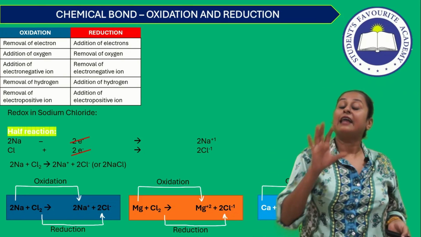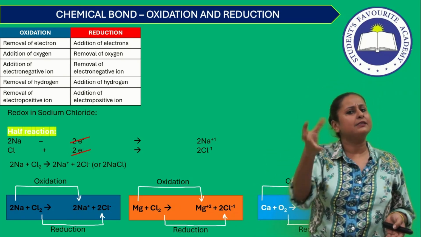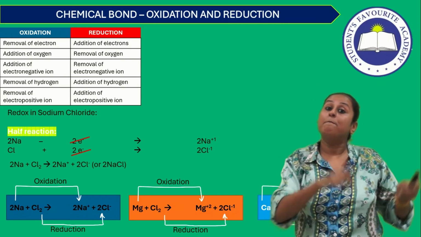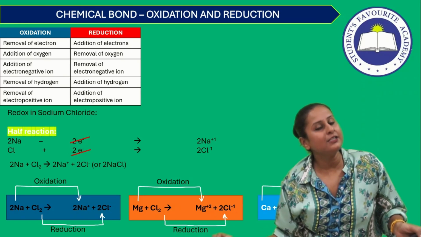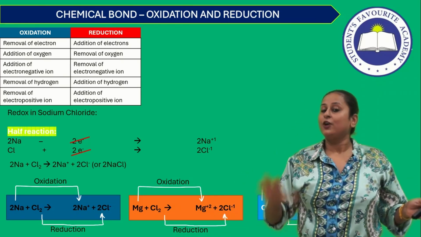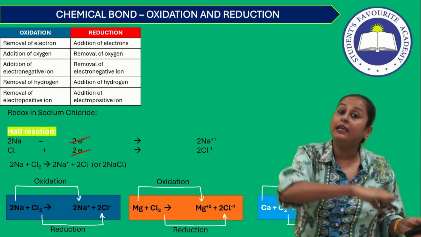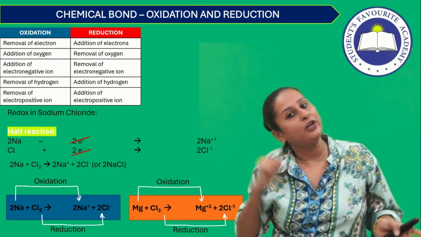Similarly, substances that get reduced, that means substances which gain electrons, are gaining them by removing electrons from someone. That means chlorine can gain electrons, theoretically we can say, by gaining electrons from sodium.